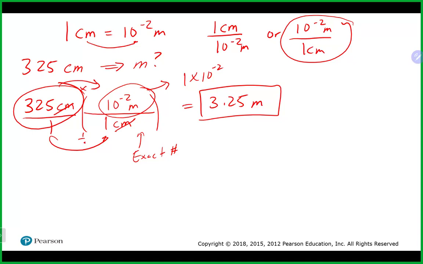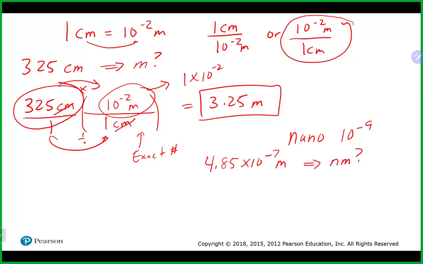So let's try this one. Let's say that nano is 10 to the minus 9. And let's say you had 4.85 times 10 to the minus 7 meters, and you want to know how many nanometers that is.